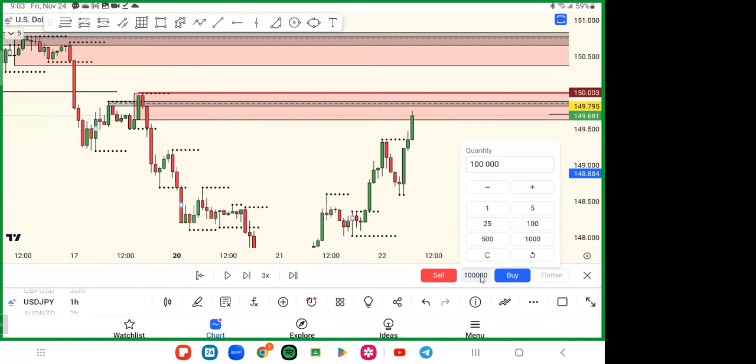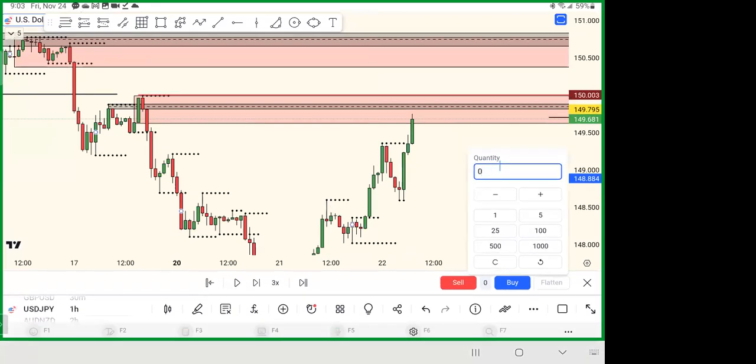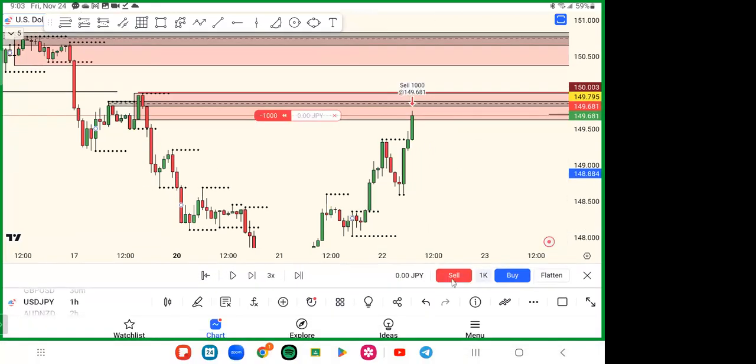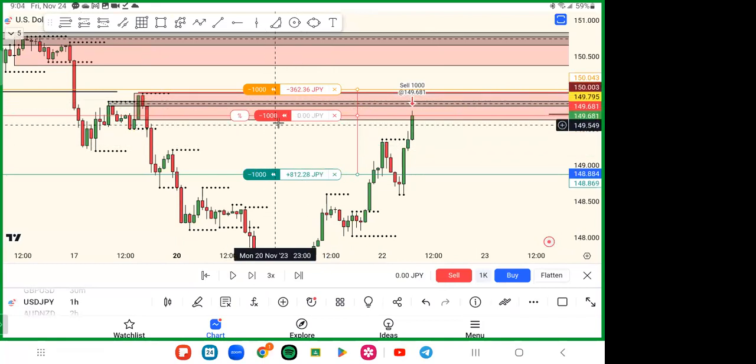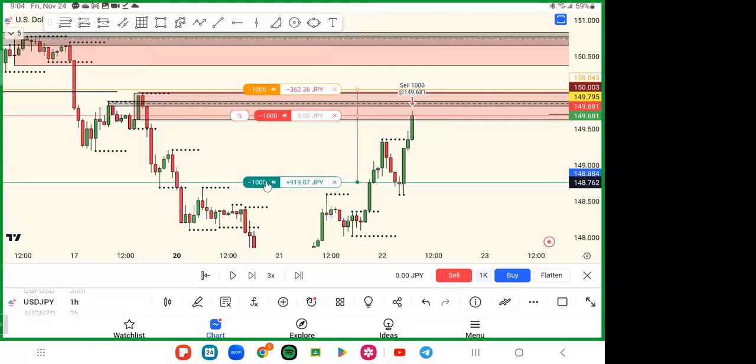Let's just do 1,000. I'm going to press sell. Boom. It's letting me know how much money you're going to make. Move your stop loss to where it should be, minimum 1 to 3. Oh dang, I should have put a 1, because 1,000 is a big lot size, but still, play it out.